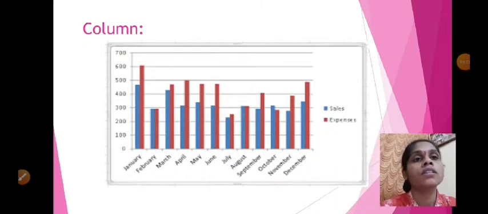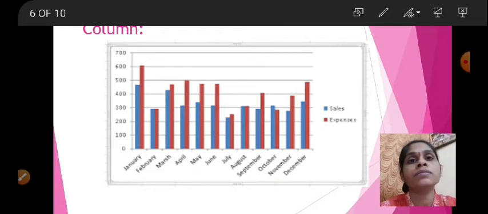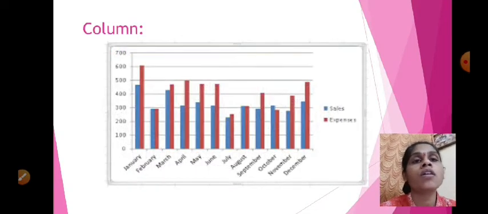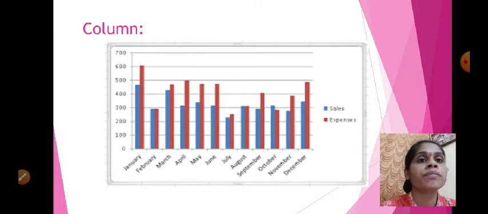Now we have to see the different types of charts. Which are the different patterns of charts we have to see here? These are the components. The first type is your column chart.